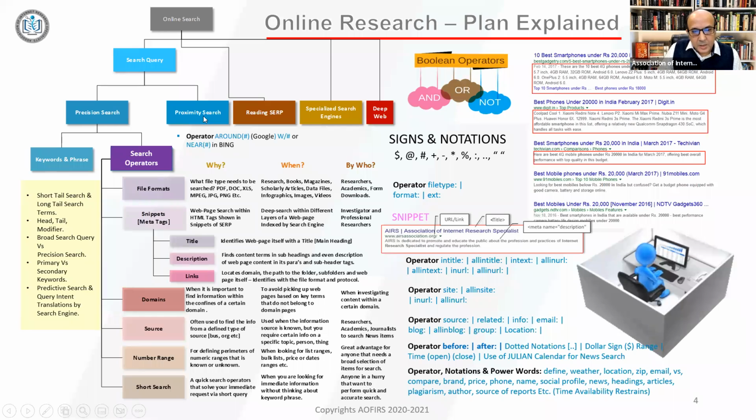So that part is slightly separate. For proximity search, we use operators like AROUND, with the number of words that you put inside the parentheses. Don't worry about it, we'll get to that. But just so you know, there's a different set of operators. Even the asterisk that we use, or wildcard we call it, is also part of the proximity search.